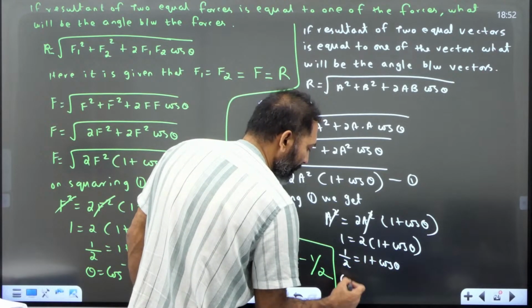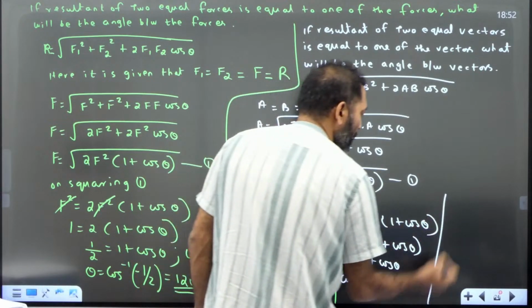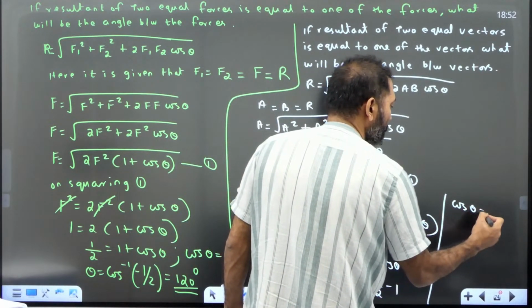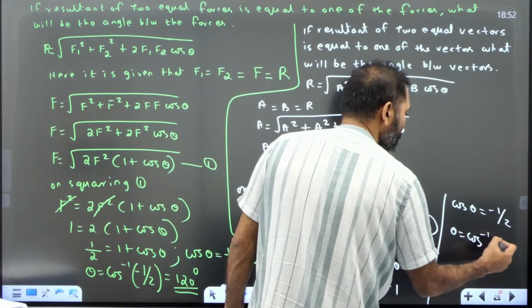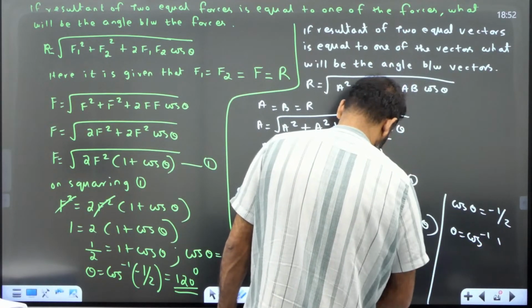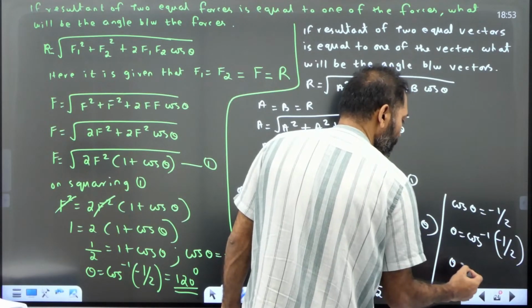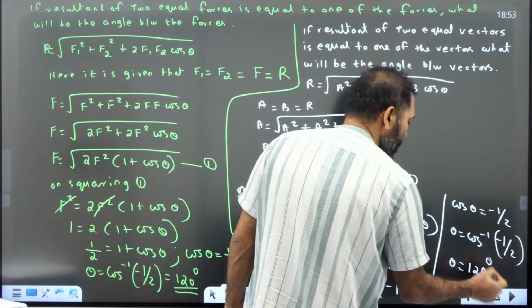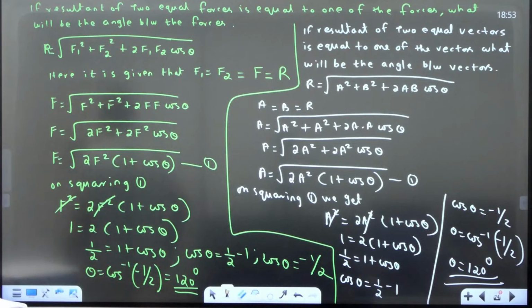So cos theta equals 1 by 2 minus 1, that is minus 1 by 2. Theta equals cos inverse minus 1 by 2, which is 120 degree. See, it is a very, very important problem.